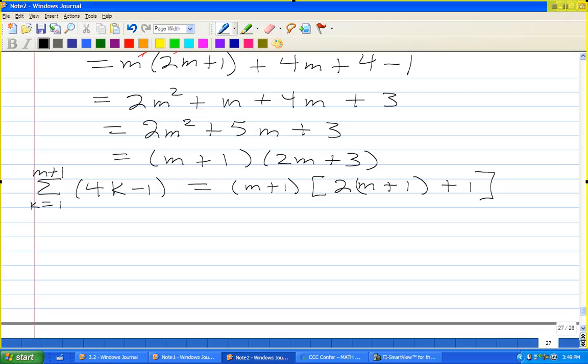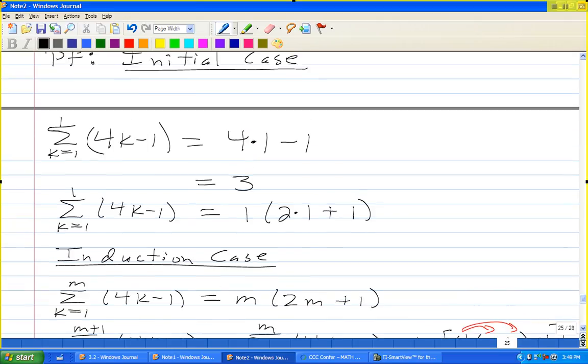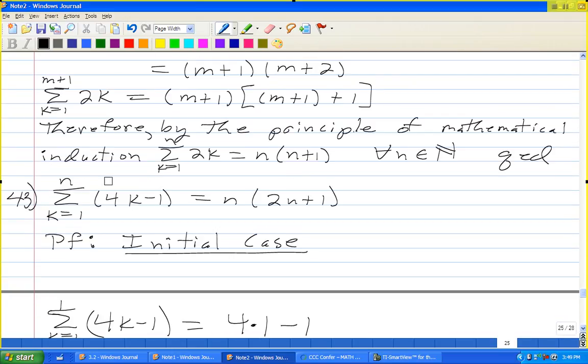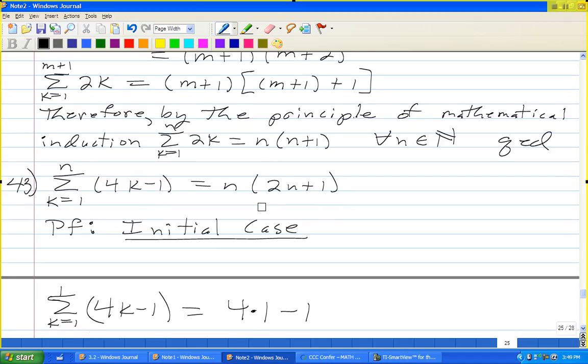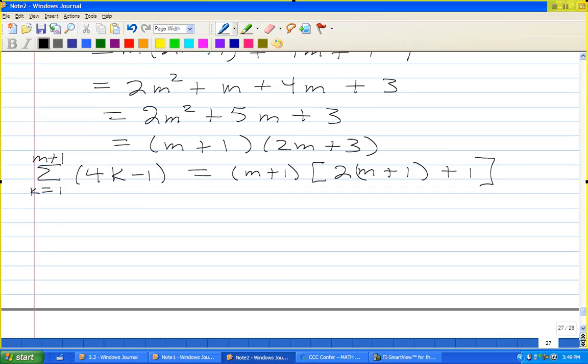And so I can write 2m plus 3 as 2m plus 2 plus 1. But notice that this formula is the same as this formula, where I've replaced n by m plus 1. And so I've shown that the induction case holds.